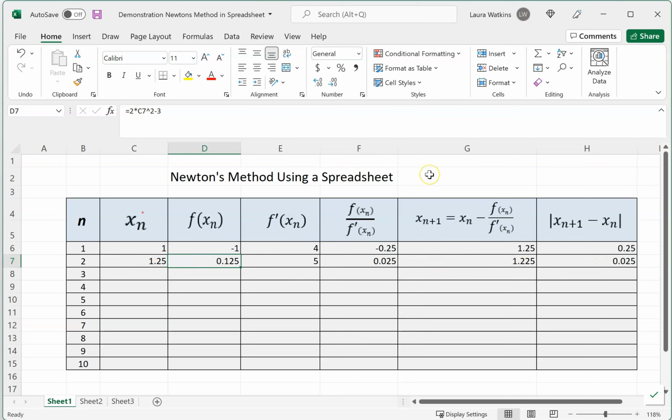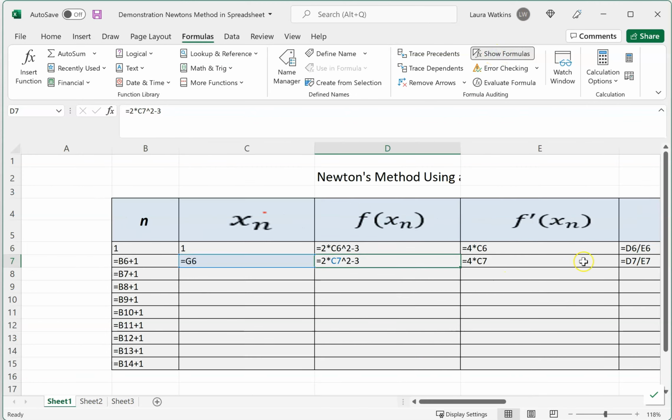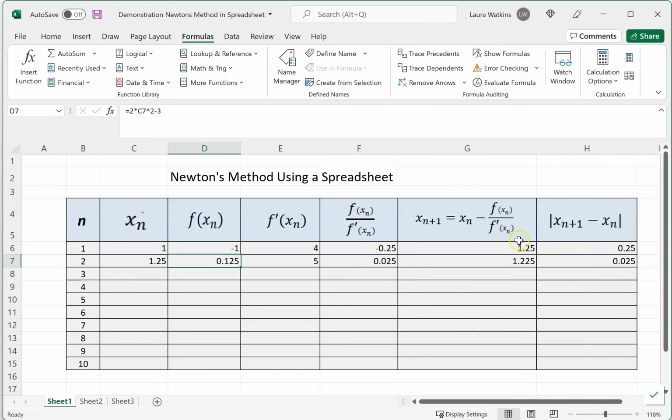If you want to see the functions that are in each cell, that is possible. You can come over here to Formulas, and if you click on Show Formulas, it will show you the formulas that exist in each cell. I'm going to turn that off so we can just see the function values.